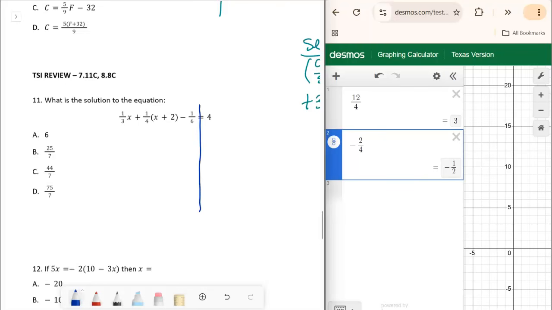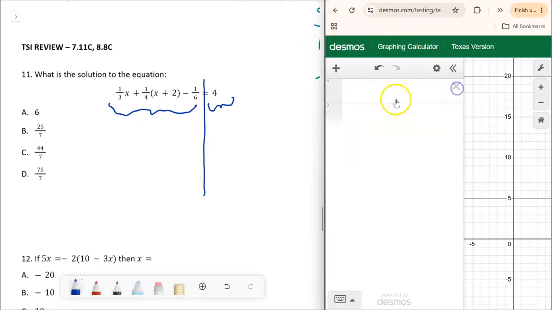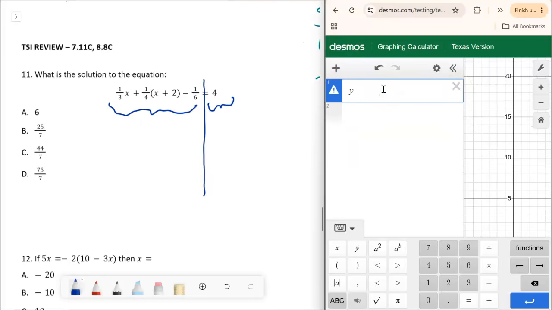Right here, we can put the left side in y equals and the right side in y equals. So let's go type it. I have y equals 1/3, and I'm not going to give you the answer. You need to be typing it as well.